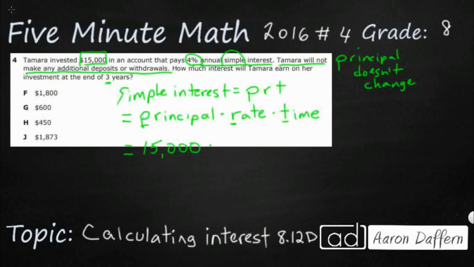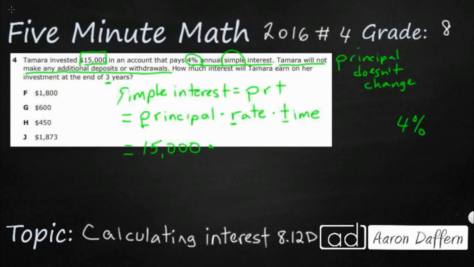We're going to multiply that by, now we've got to do a little bit of work here, 4%. We don't want to multiply it by 4. Remember, percent is just a representation of a decimal. Now we're going to need to take our 4% and turn it into a decimal because it's much easier when we multiply decimals. So remember, when we're changing a percent to a decimal, we move the decimal twice to the left.